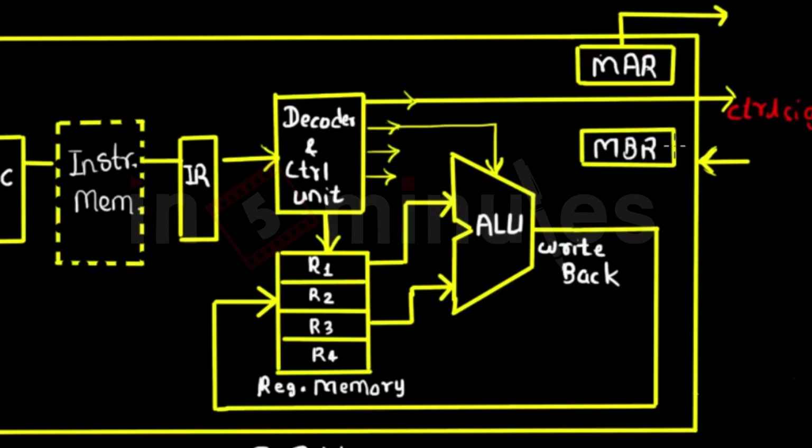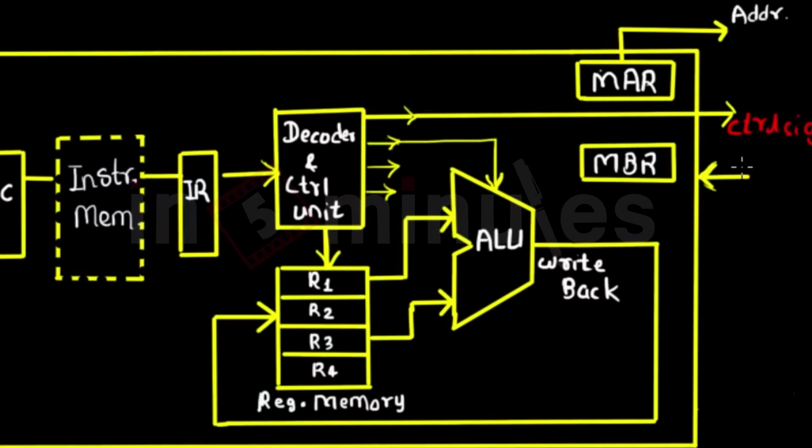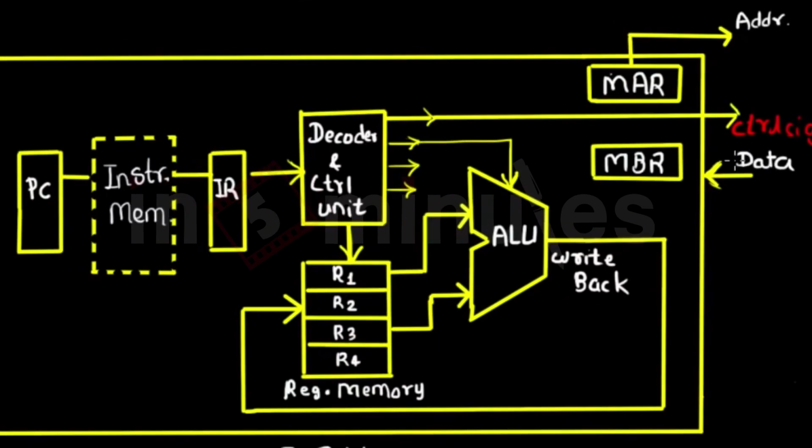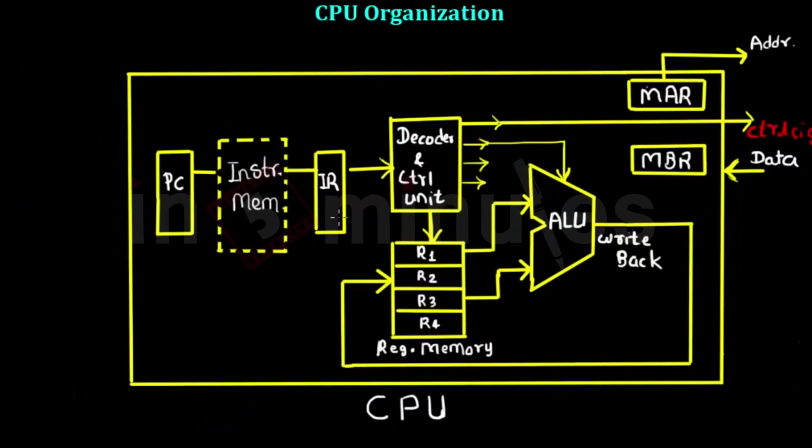It is called the memory buffer register, which stores the data that is read from the memory for the CPU operations. So these are the registers required for the external memory communication. Okay, so MAR, which gives the address, and the MBR, which stores the read data from the memory. Now let's look at the complete organization of the CPU with the internal CPU bus for the videos.